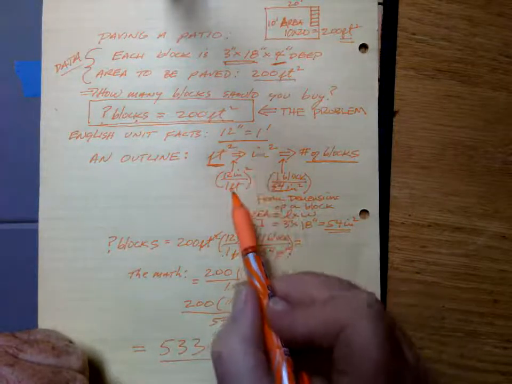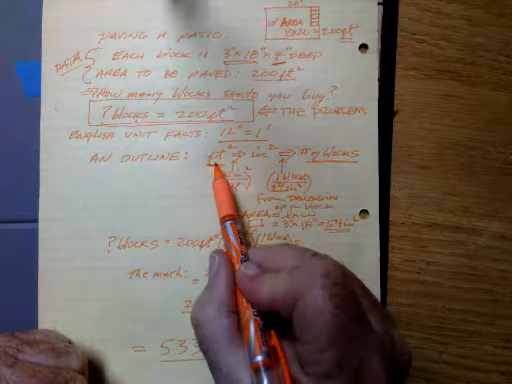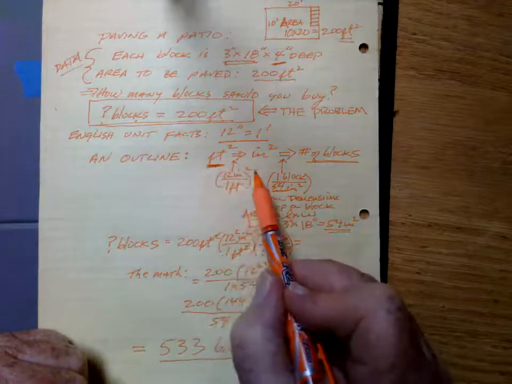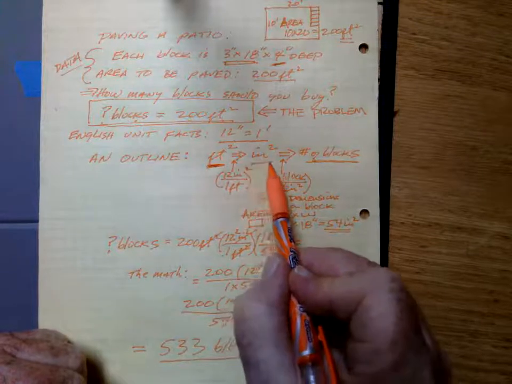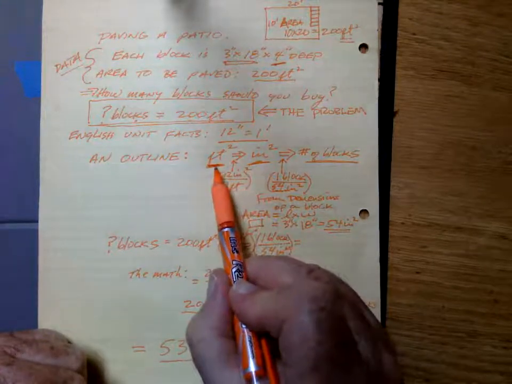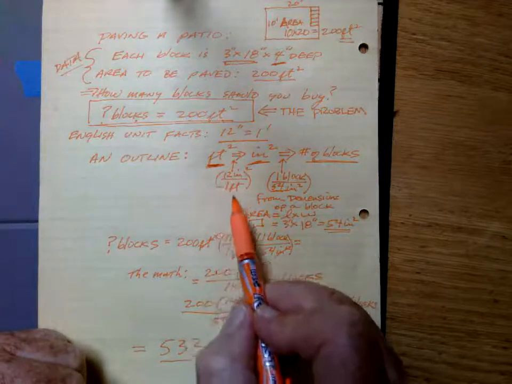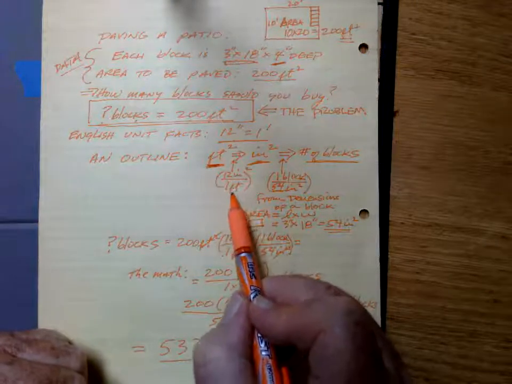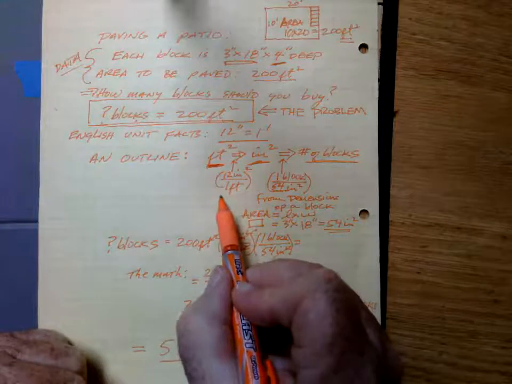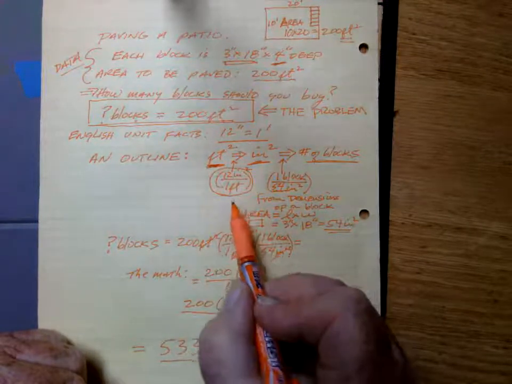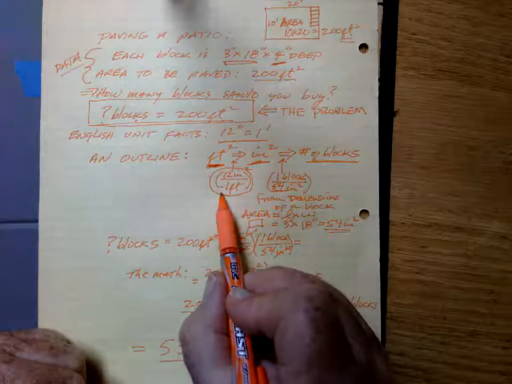So my approach to that is to think of the area of the patio in square inches instead of square feet. And I could change the area of the patio into square inches using the English unit fact that there are 12 inches in a foot.